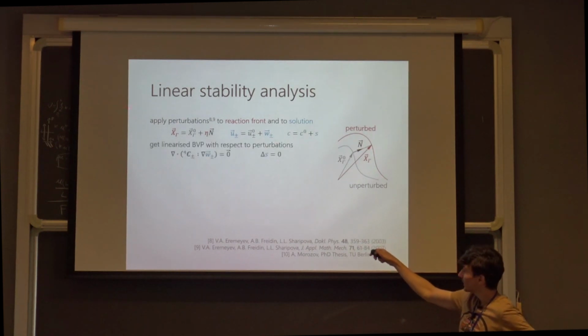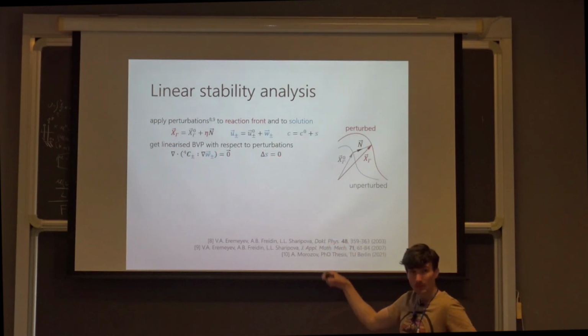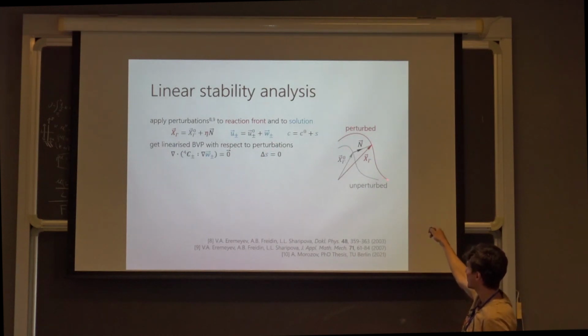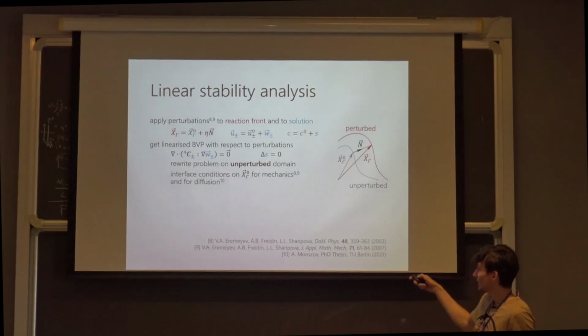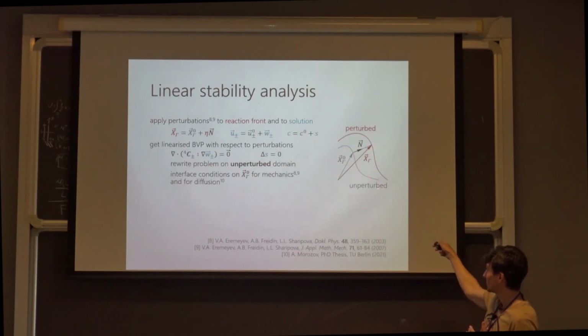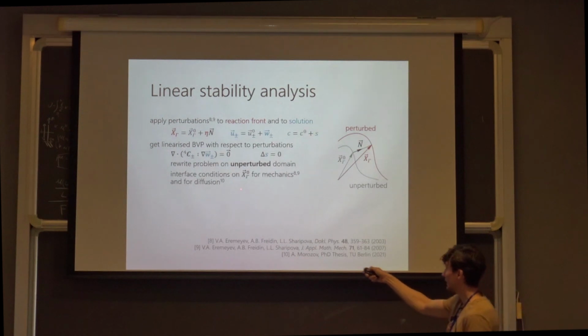So we get the linearized boundary value problem with respect to these perturbations. But these boundary value problems are defined on the perturbed geometry, which is actually quite difficult to solve. So the first step is to rewrite the equations on the unperturbed geometry. You project everything on the unperturbed geometry, including the interface conditions.